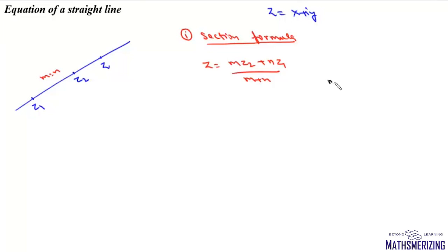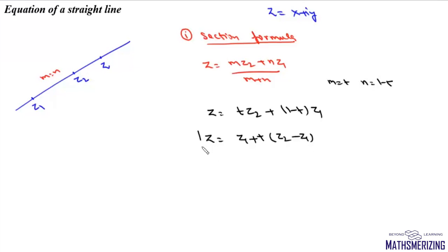Now if we choose m as t and n as 1 minus t, we can write this Z as tz2 plus (1 minus t) z1. So this Z will be z1 plus t into (z2 minus z1). So this is one equation of a straight line.